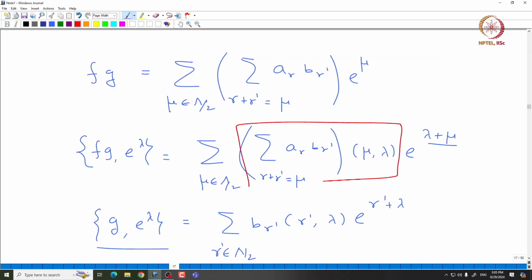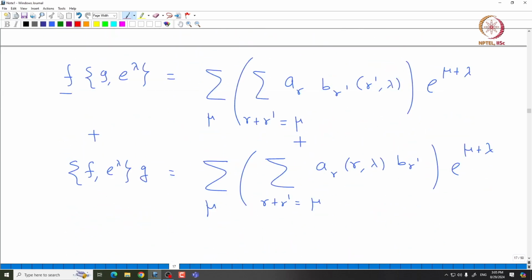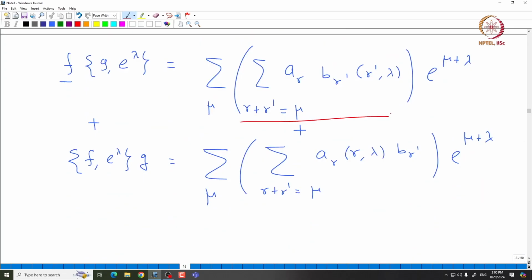So, this is the summation of a_gamma b_gamma' times (mu, lambda). That is the thing that we need. You can see that if you add this and this, you get exactly the summation of a_gamma b_gamma', then this thing will come as common, then (gamma plus gamma', lambda) will come here, with gamma plus gamma' equal to mu.